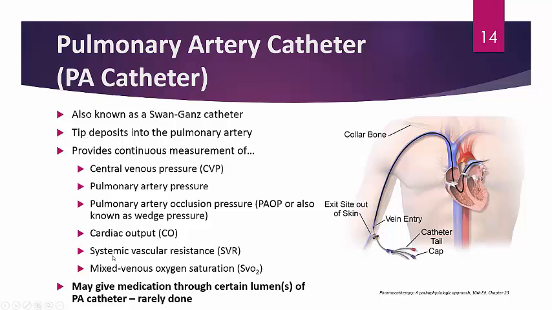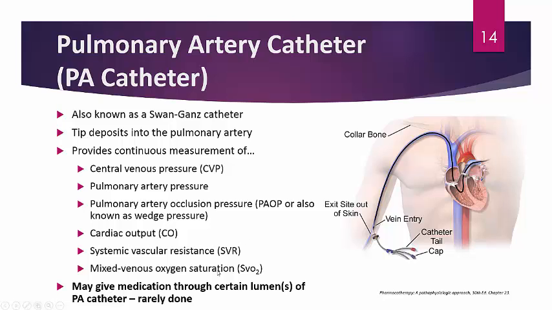You can also measure systemic vascular resistance with this catheter, which is essentially the clamping down of the vasculature, particularly arterially, after your blood leaves the aorta. And we'll talk a little bit more about these pressures on the second day of teaching shock.